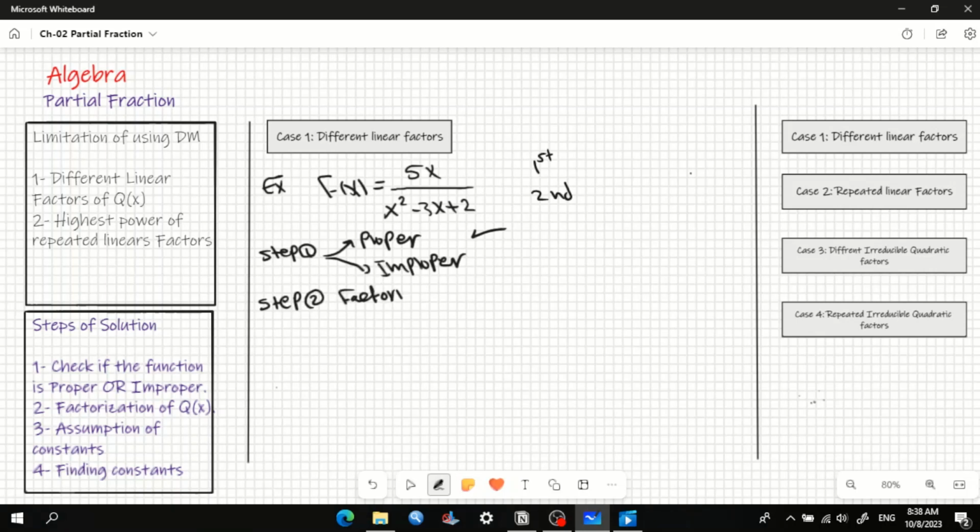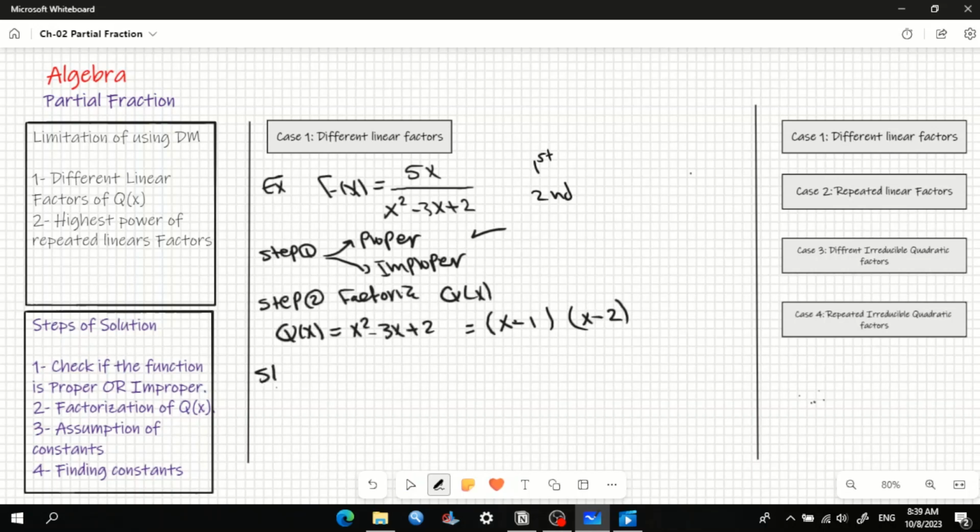Factorize q of x. Here we have q of x equal to x squared plus 3x plus 2. The factors of this function are x plus 1 and x plus 2.